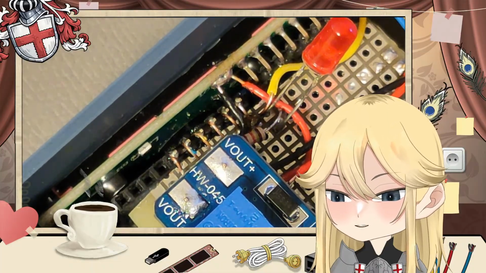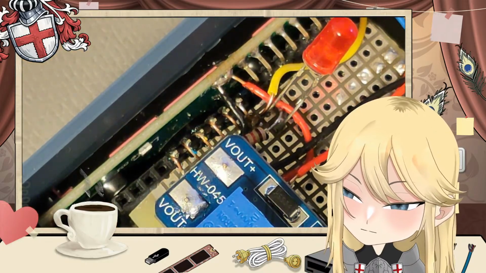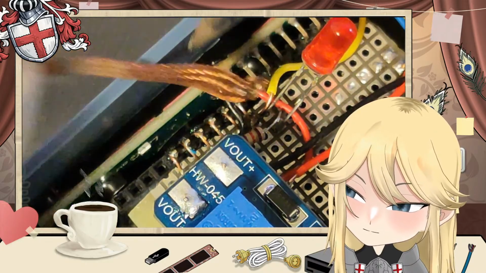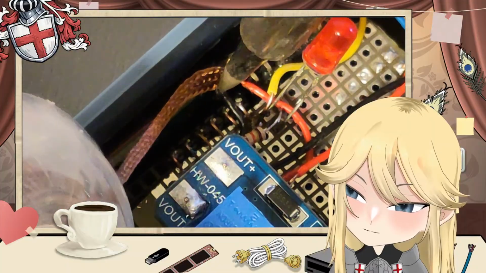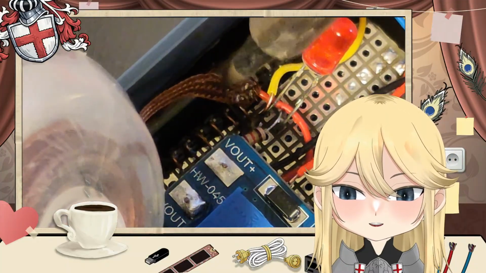Where do I have my copper? There we go. Oh shit, don't touch the plastic.